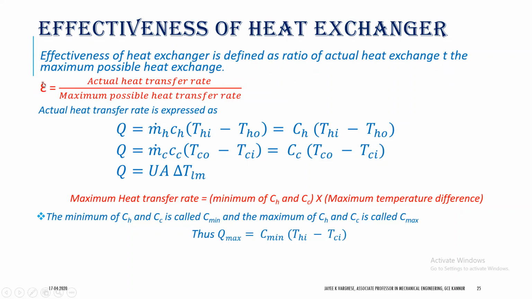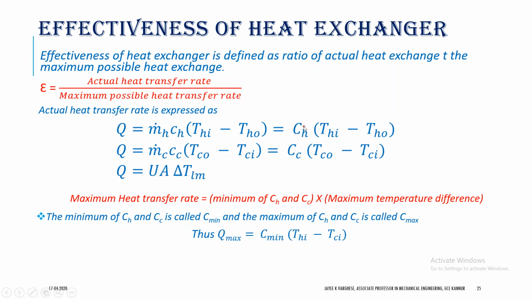It is usually represented by the Greek letter epsilon. Epsilon is equal to the actual heat transfer rate divided by the maximum possible heat transfer rate. In a heat exchanger, the actual heat transfer rate can be calculated by any of the three equations given here. So Q is equal to mh ch into Thi minus Tho, that is capital Ch into Thi minus Tho.